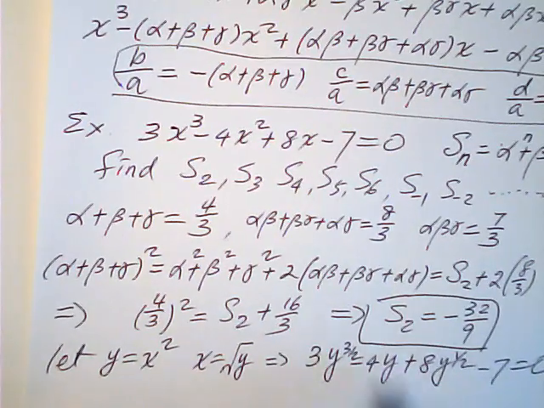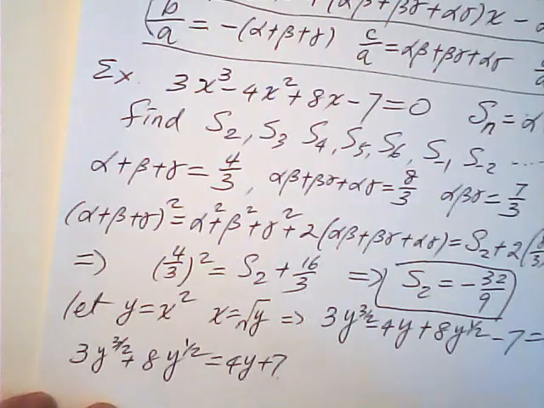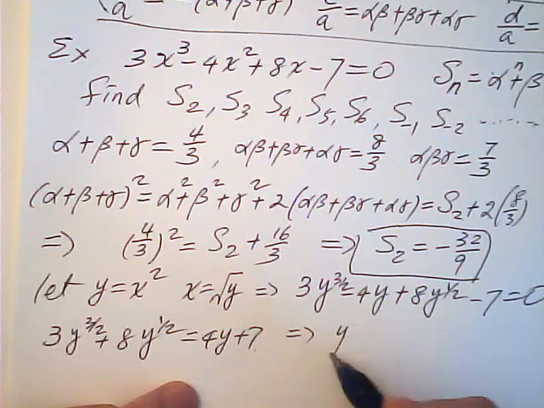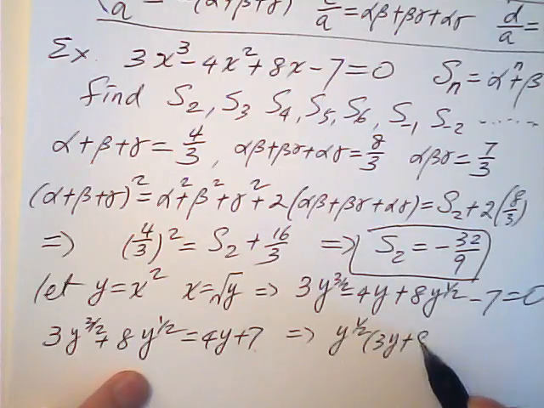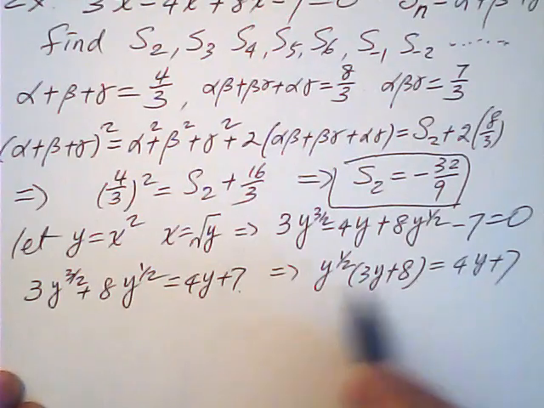Okay, then we simplify this equation: 3y plus 8 square root y is equal to 4y plus 7. This means square root y times 3y plus 8 is equal to 4y plus 7. Then we square both sides.